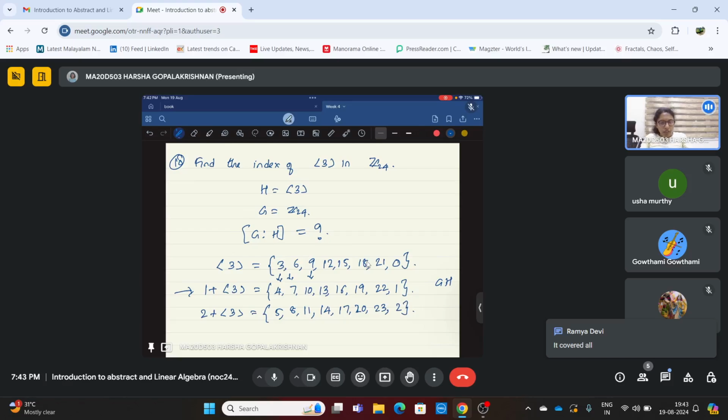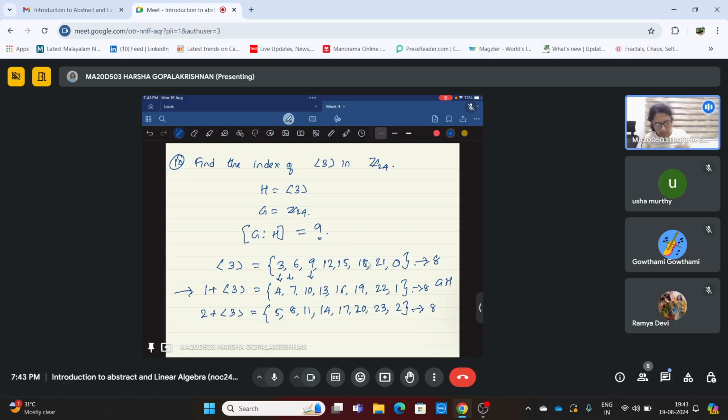In the first set we have 8 elements, correct? In the next set, we have 8 distinct elements, distinct from the first set. In the third, again we have 8 distinct elements, distinct from the first and second sets.